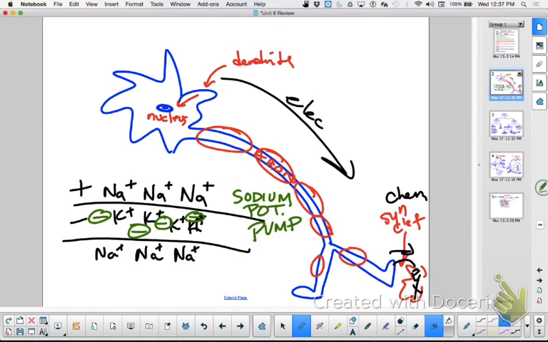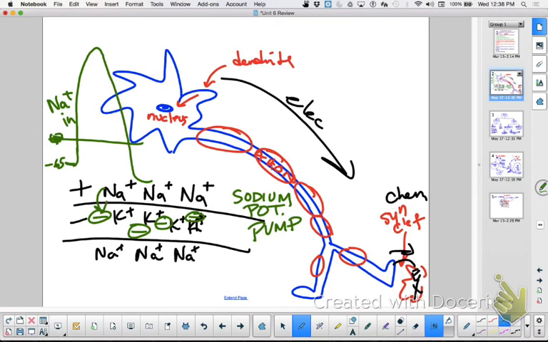Okay, so that's the sodium potassium pump setting up the resting potential. And remember how it has a negative charge? Remember how we looked at that? Okay, and remember there was a graph. If this was 0, the resting potential is down here at minus 65 or 70 millivolts, and then we talked about how it becomes positive and then comes back down negative again. Do you remember that? And what makes it become positive? Sodium is going into the neuron.